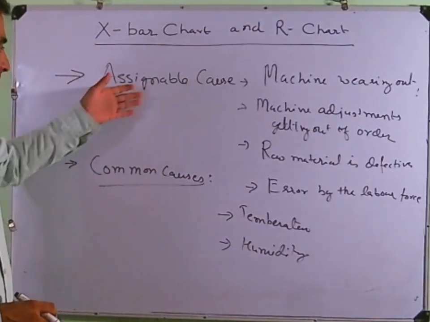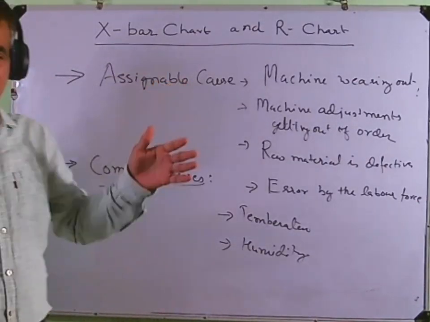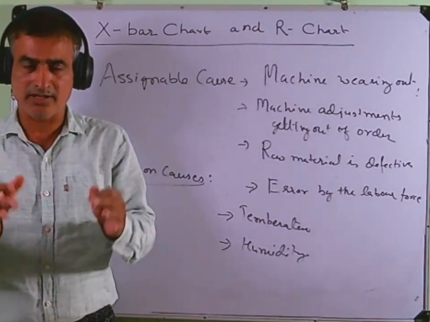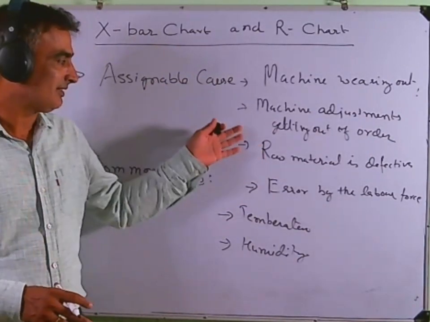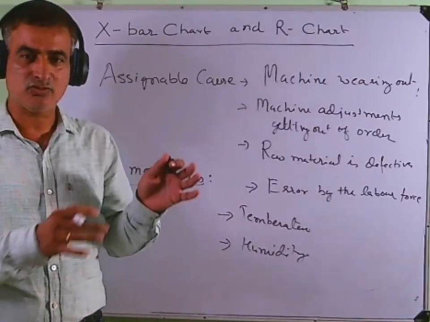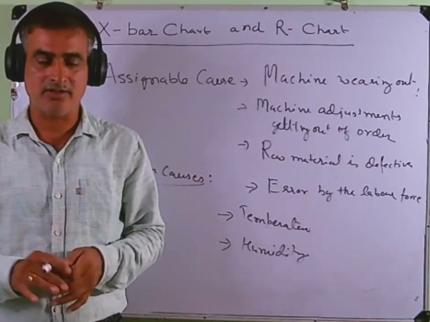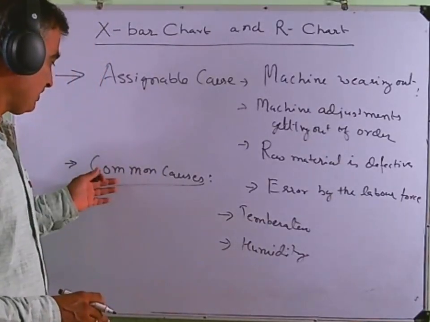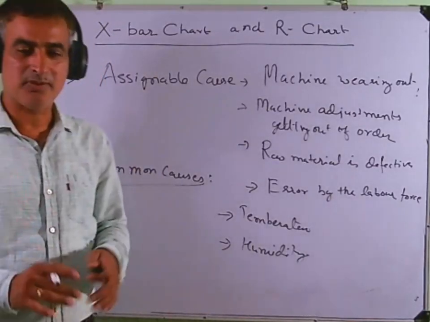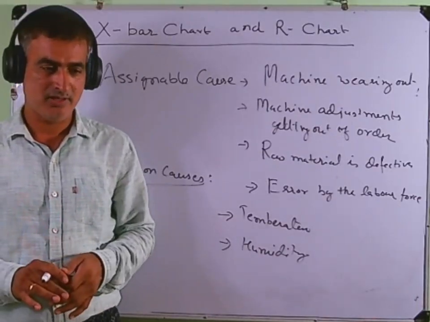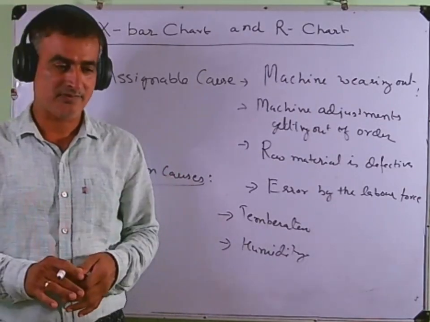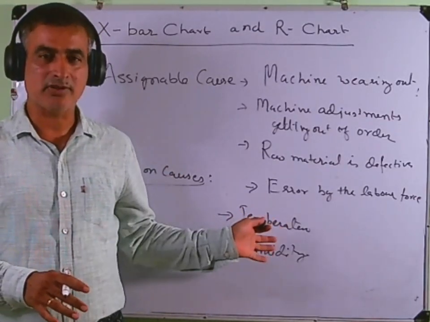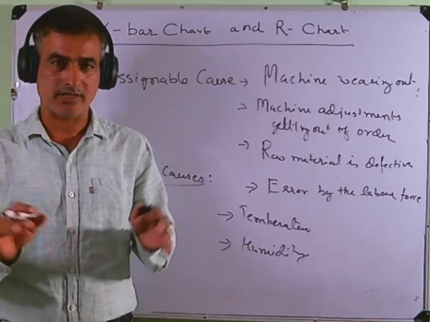Now we can see that assignable causes, if detected early, then this poor quality can be corrected or adjusted. Whereas common causes are because of environmental, natural causes, and these types of causes cannot be adjusted or corrected.